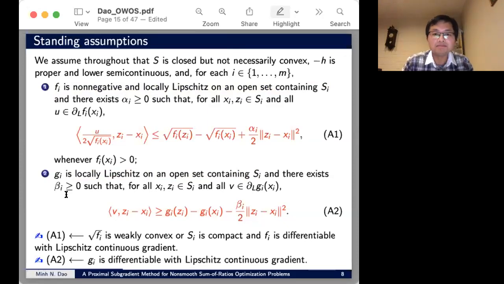But actually, the inequality A1 here holds as soon as the square root of fi is weakly convex, or is also satisfied when S is compact and fi is differentiable with Lipschitz continuous gradient. The inequality A2 here also holds when gi is differentiable with Lipschitz continuous gradient.